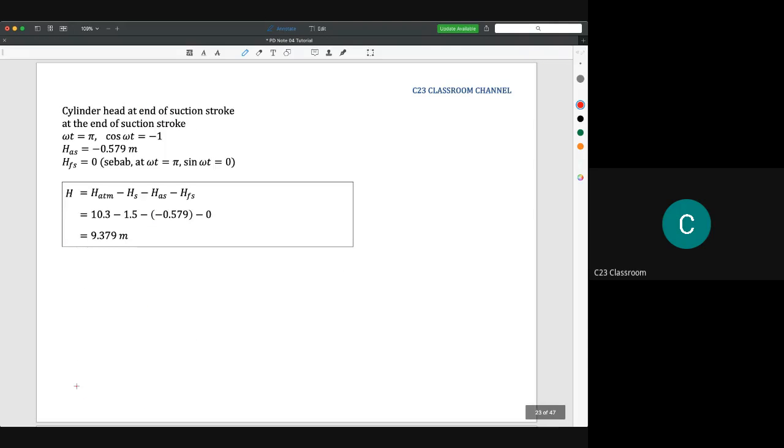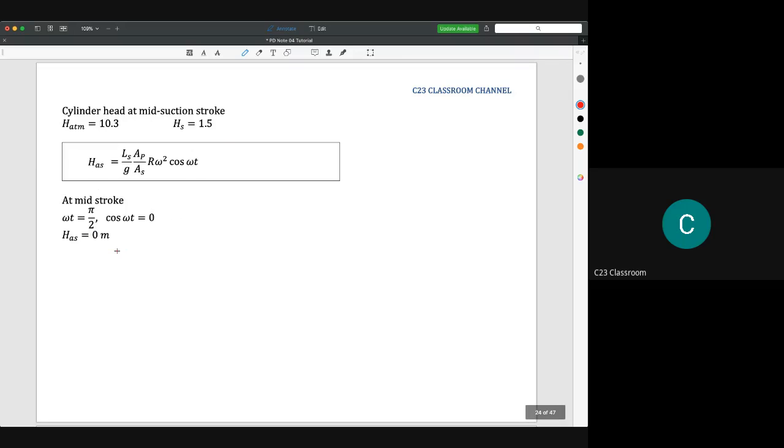Then we can calculate the cylinder head at the end of suction. We substitute everything, so the acceleration head is minus 0.5 and the friction head is equal to 0. So we get 9.379 meters.